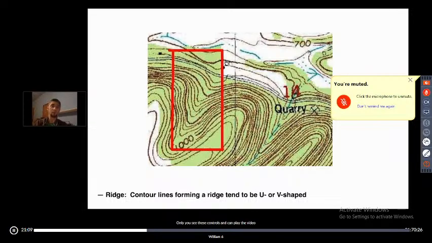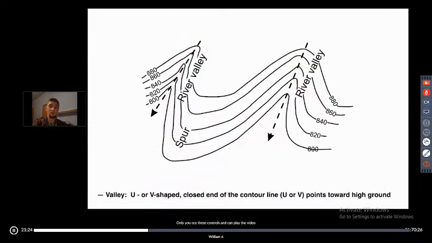The contour lines forming a ridge tend to be U or V shaped, and the closed end of the contour line points away from high ground. The valley is also U or V shaped, but the closed end of the contour line points toward high ground. And I'm going to show you, once you're in the field, this will make more sense.